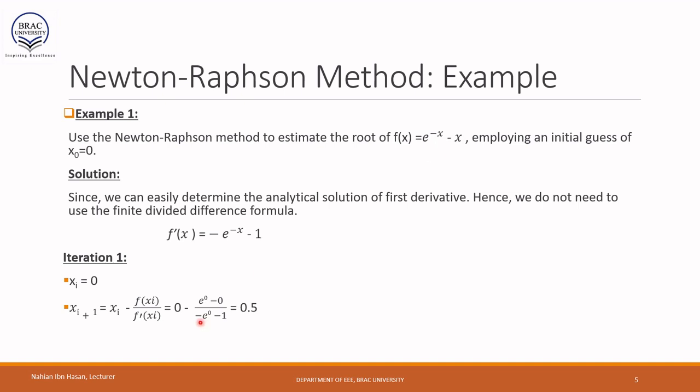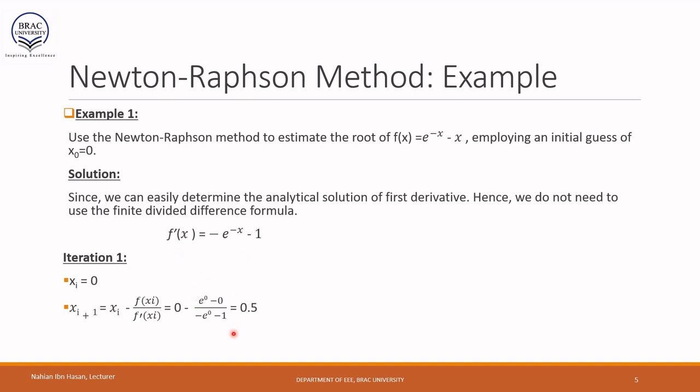And f prime of xi is found from this analytical approach. Since we can easily calculate this derivative analytically, we are going to use this form. But whenever you cannot find the derivative of an equation, we are going to use the finite divided difference formulas.